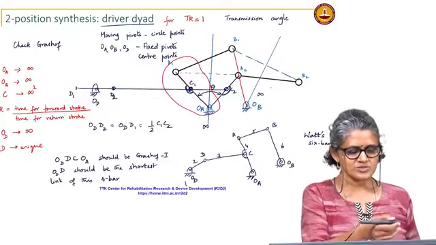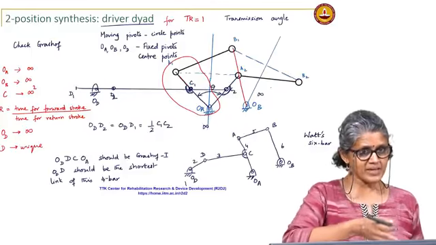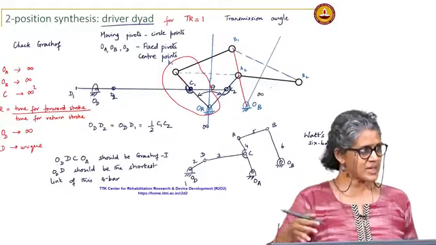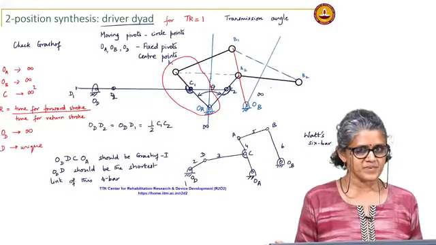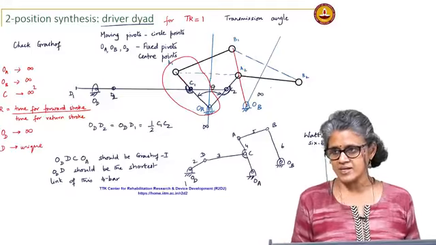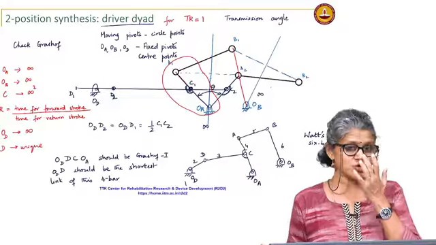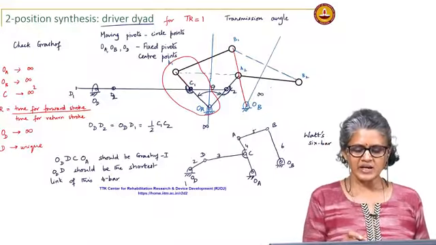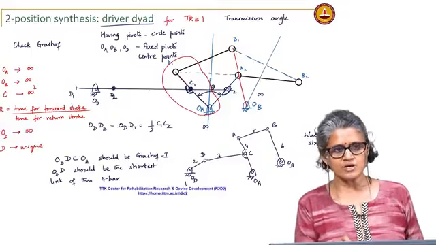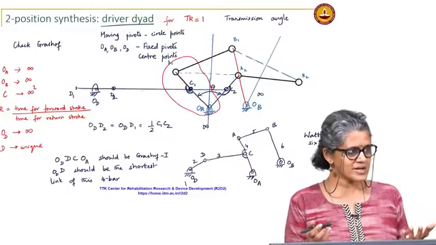So, you can see there are a lot of decisions I am making, a lot of choices I am making as I am doing this synthesis. A lot of free choices that I have, which can give you multiple solutions. But you will find that if I choose OD very close to here, then I may not get a Grashof linkage.